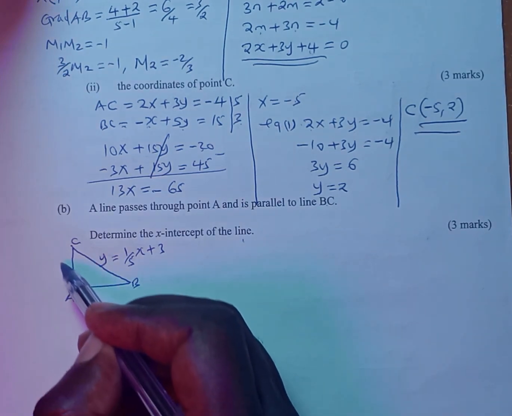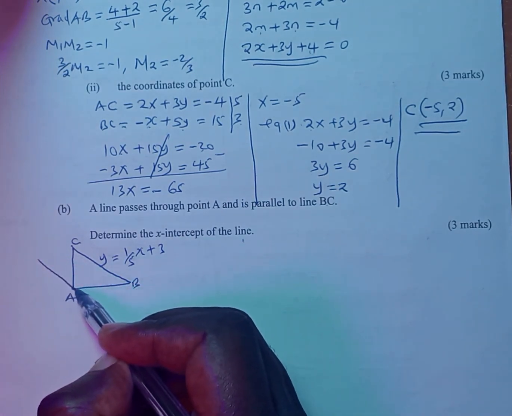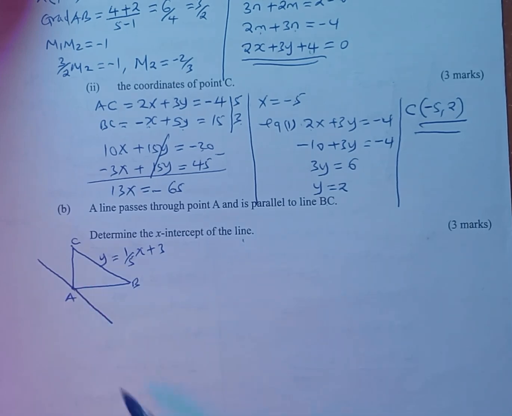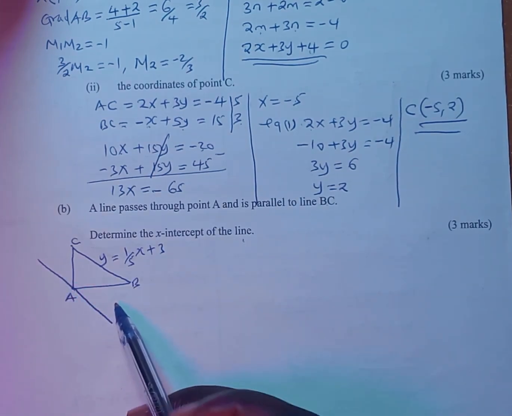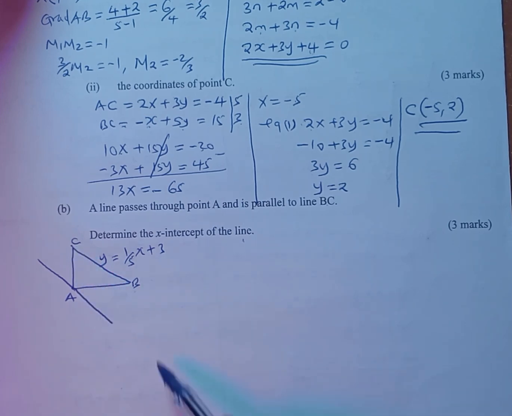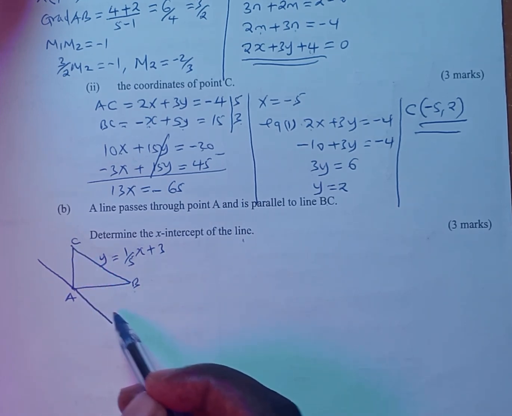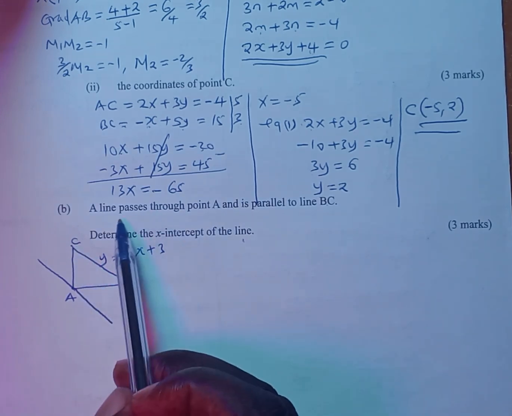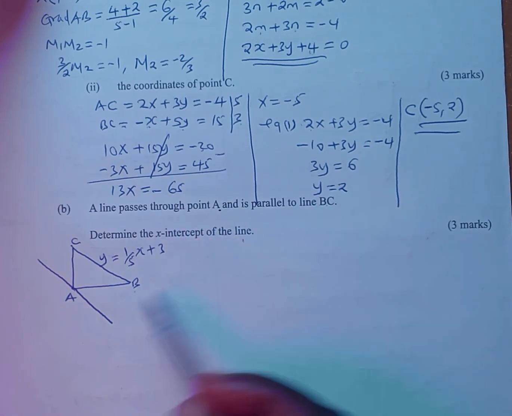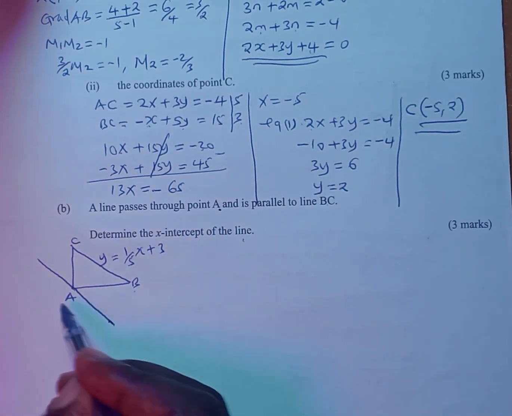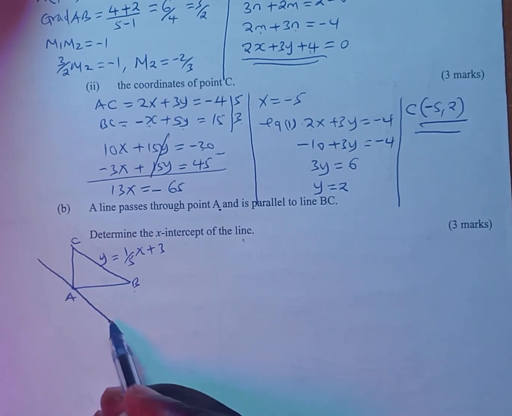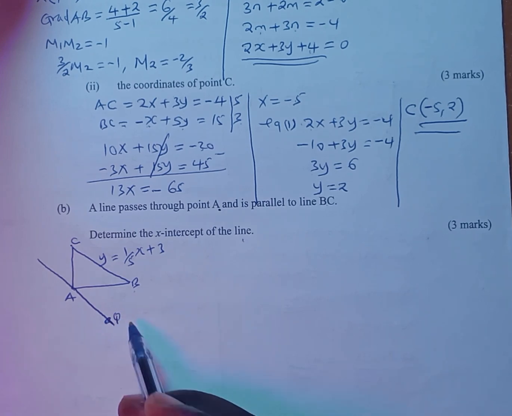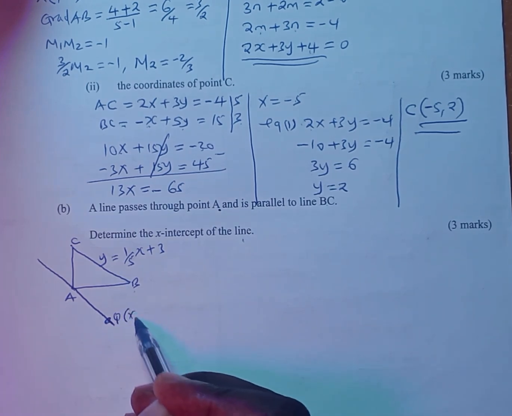Then we are told there is a line that moves this way and it touches point A, and this particular line is parallel to BC. So we know parallel lines have equal gradients. A line passes through point A, so we can assume that this line goes through point A and also through another point, for example Q, with coordinates, for example x, y.